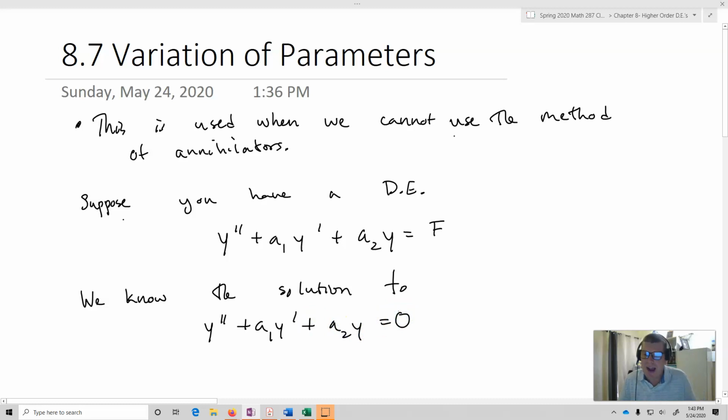That is, we actually know the solution to the homogeneous differential equation, and it doesn't necessarily have to have constant coefficients. From our perspective we're going to use ones that have constant coefficients, but you can still use the variation of parameters even if you don't have constant coefficients.